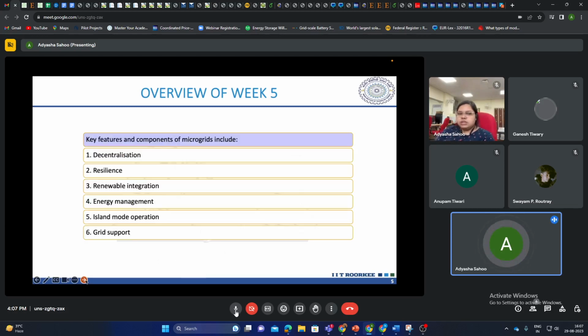We'll see some basic features of this microgrid. Firstly, it is decentralization. What do you mean by decentralization, anyone? Basically anything which is not centralized. Previously, we had a centralized or vertical structure of electricity in our power system, where we had generating stations followed by the transmission and distribution system.